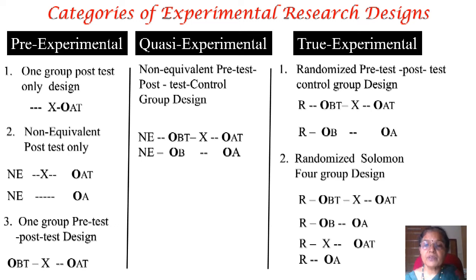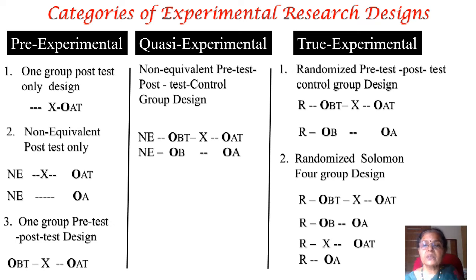So we will not have two equivalent groups, but we will have two non-equivalent groups here. That is why you see NE here in the quasi-experiment. NE stands for non-equivalent group. Why are they non-equivalent? Because there is no random selection of sampling and no random assignment of the students to both the groups.